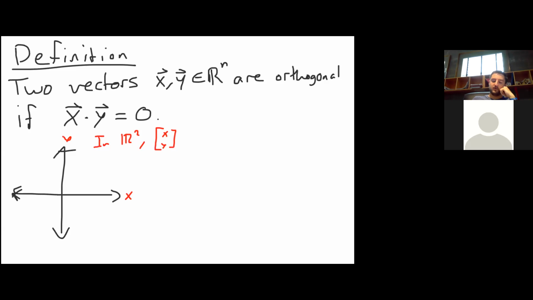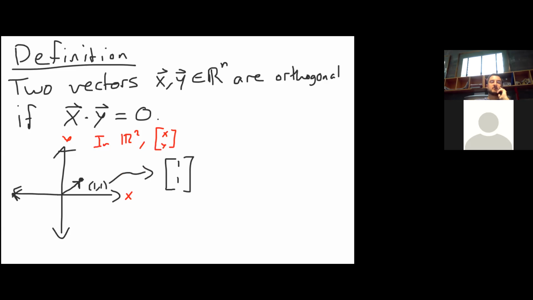So I could have a point right here, which would be at, just say, 1, 1. I create a vector. So that vector then would be the vector 1, 1.